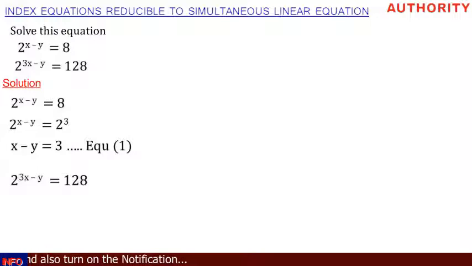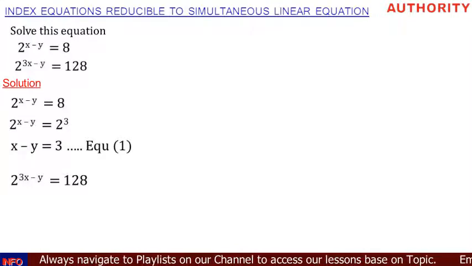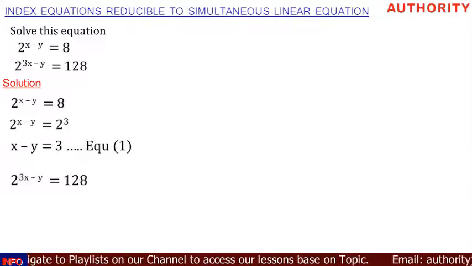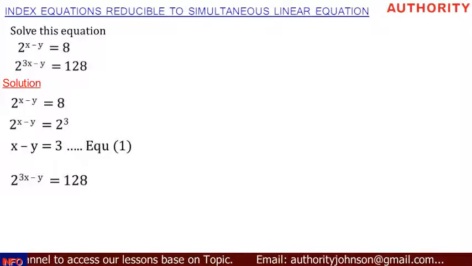Let's also reduce 128 to a power of 2 so that we can work with the exponents. 2 times 2 gives 4, 4 times 2 gives 8, 8 times 2 is 16, 16 times 2 is 32, 32 times 2 is 64, and 64 times 2 is 128.